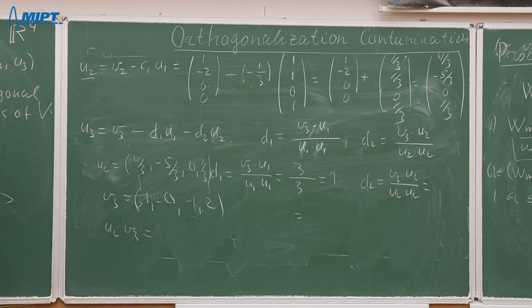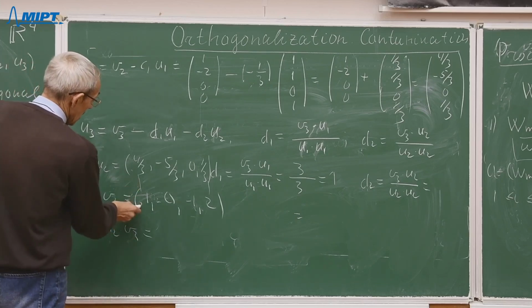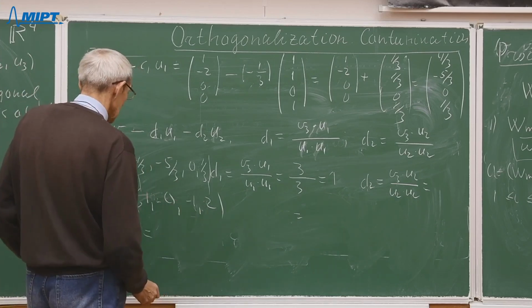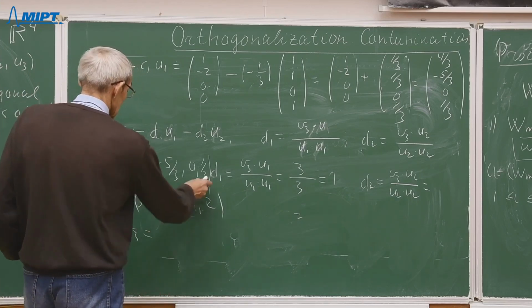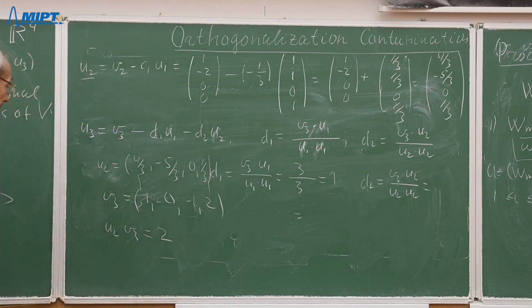The dot product of u2 and v3 is equal to 4 plus 2, that is 6, divided by 3, and we obtain this product equal to 2.